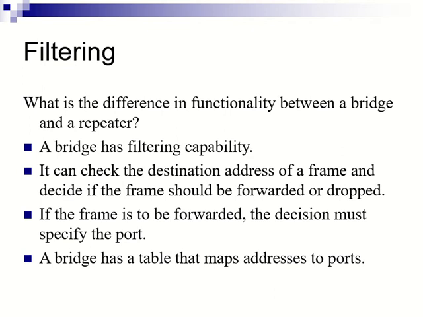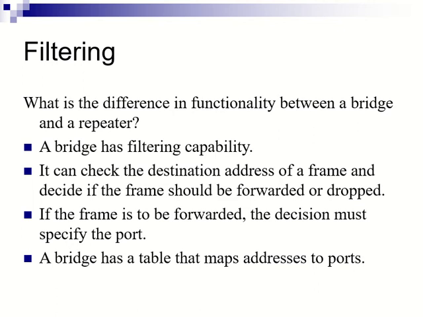As I said before, a repeater will just regenerate the signal, whereas a bridge regenerates as well as checks the MAC address. It means a bridge has a filtering capability. So it can check the destination address of the frame and decide from which outgoing port the frame can be sent.